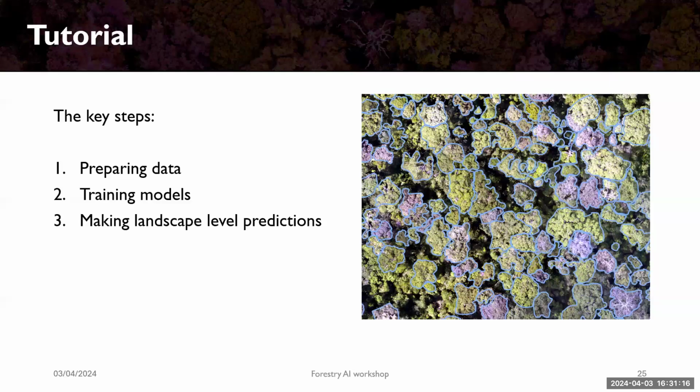It's similar to what Mirela described in terms of evaluating precision, recall, and F1 to understand how well your model's doing. And then we'll go through these steps towards making these large landscape-level crown maps.